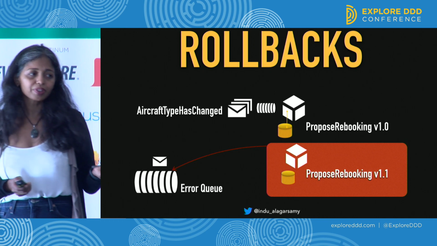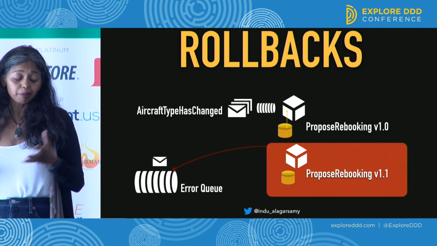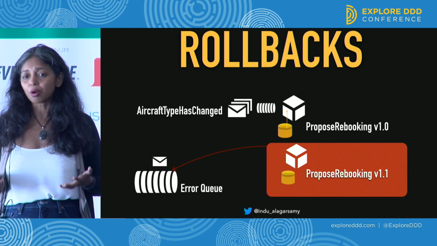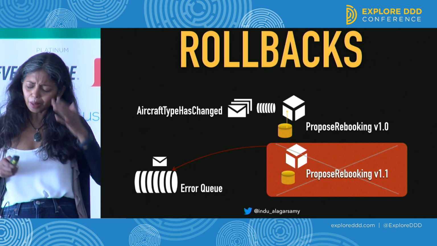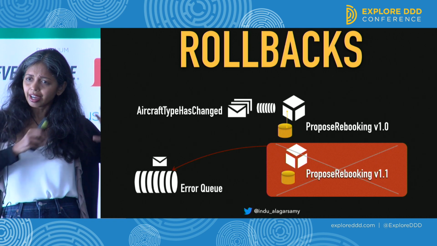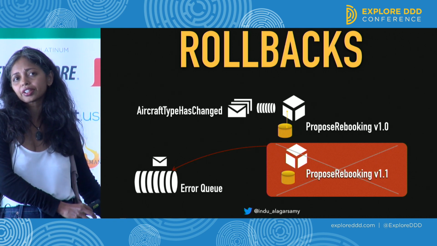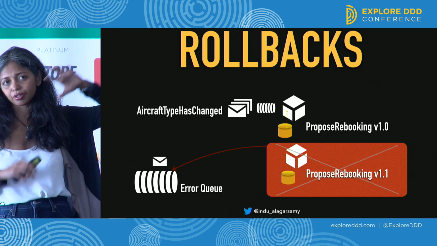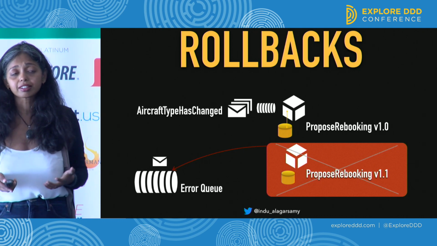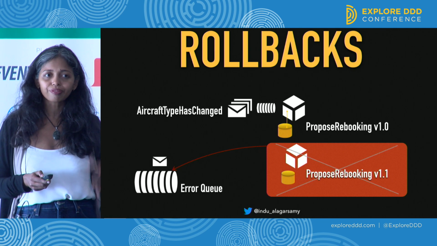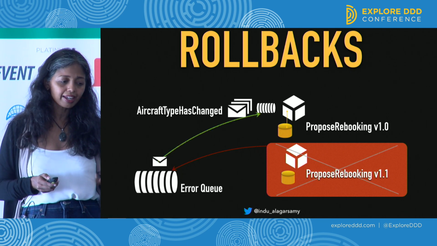So you then know that this is not working. You stop the module that's not working, and you take the messages that are in the error queue and send them back to the original version that's still running, so your business isn't interrupted. And then you go fix the original service, and you follow the same process.